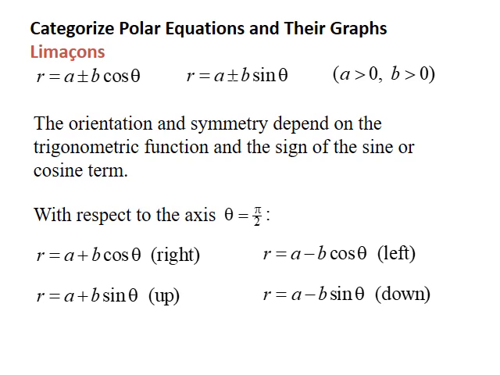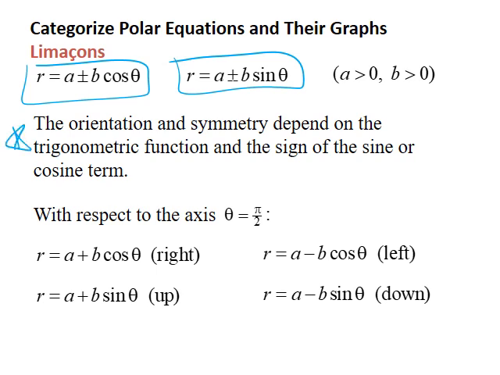But these equations take on one of these two forms. So I want you to notice how the equations differ from each type of graph. And depending on what this graph looks like, the orientation will change. So we might have right, up, down, and left.